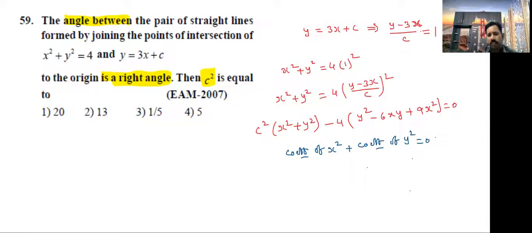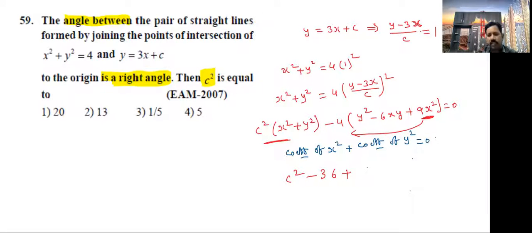What is the coefficient of x square? Observe here, c square, and here also there is x square, 9 into minus 4, minus 36, plus the coefficient of x square is completed.